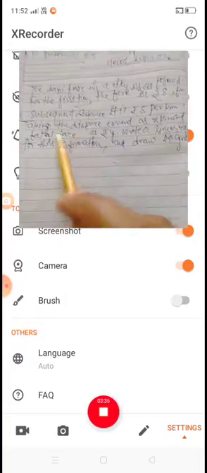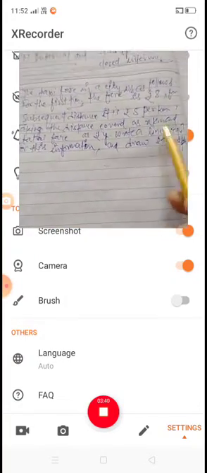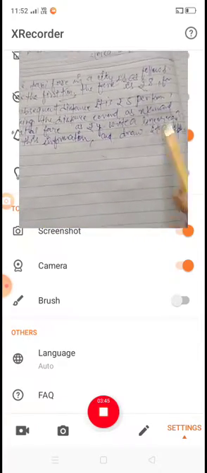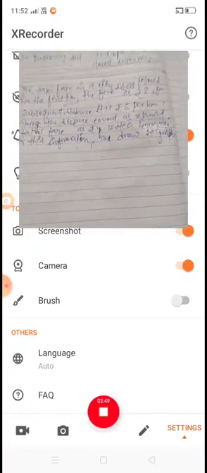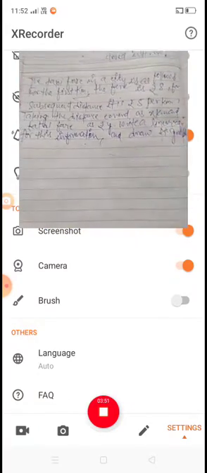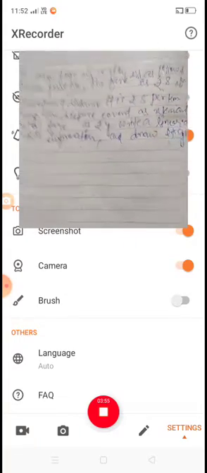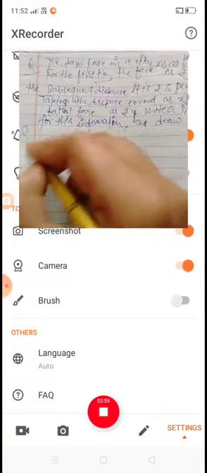Taking the distance covered as x kilometer and the total fare as rupees y, write a linear equation for this information and draw its graph. In this question, first of all we find the linear equation, then we draw its graph on the graph paper. Okay, now solve it.